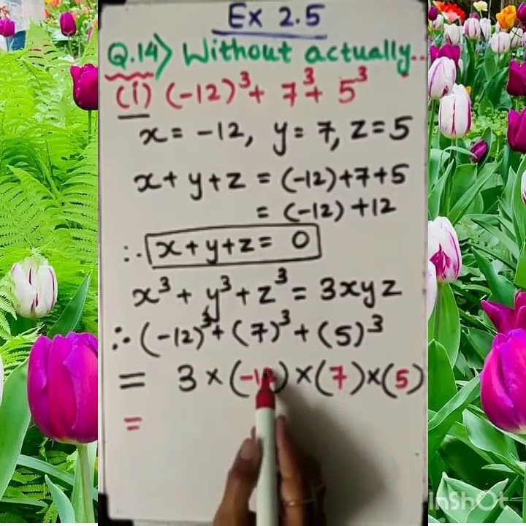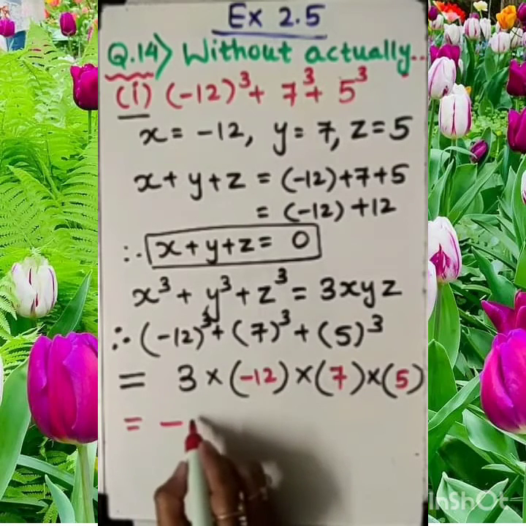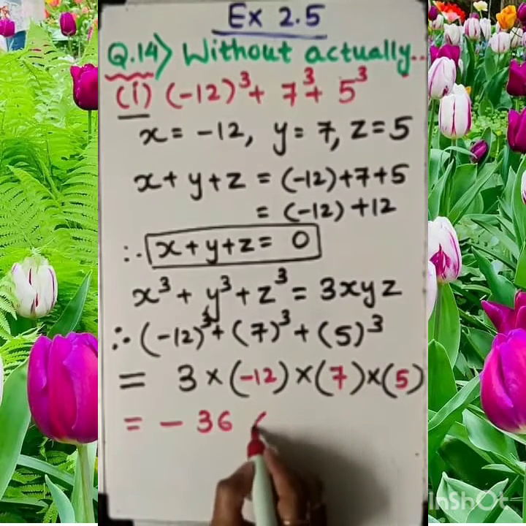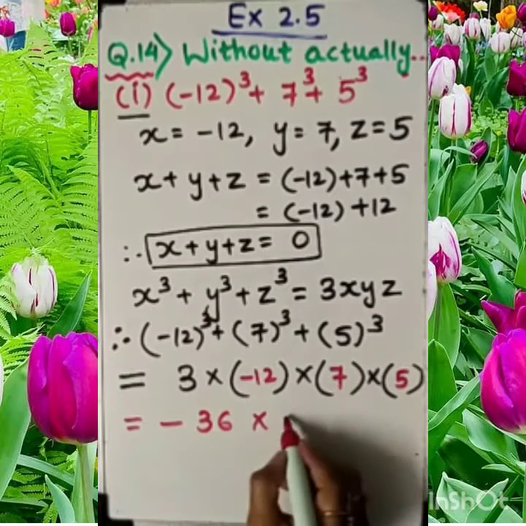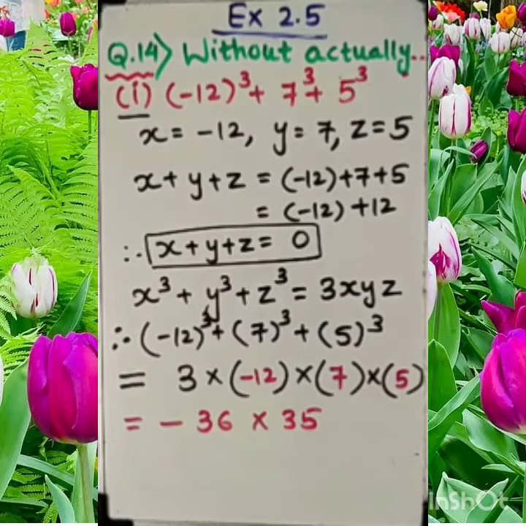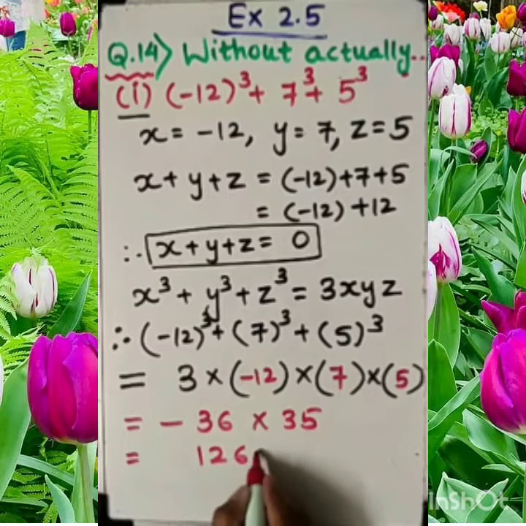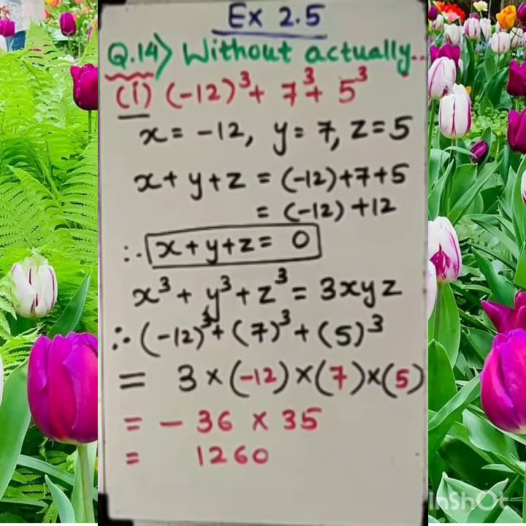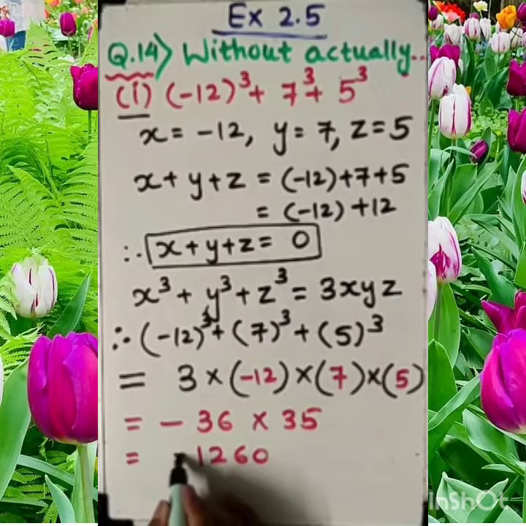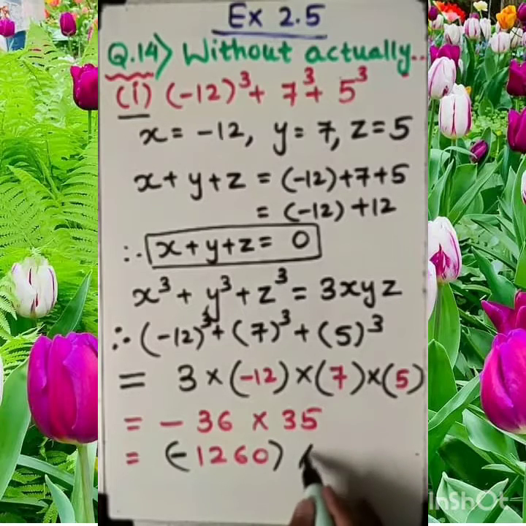We need to multiply 12 times 3, that is 36. It will be minus, 7 times 5 is 35. When you multiply 36 with 35, you will get the answer 1260. Do it in a rough column. The multiplication of these two numbers is coming 1260, and because of this minus, the answer is minus 1260.